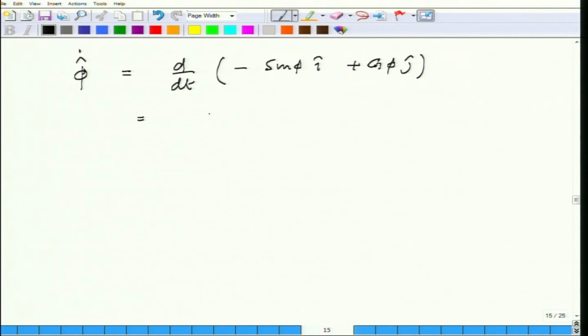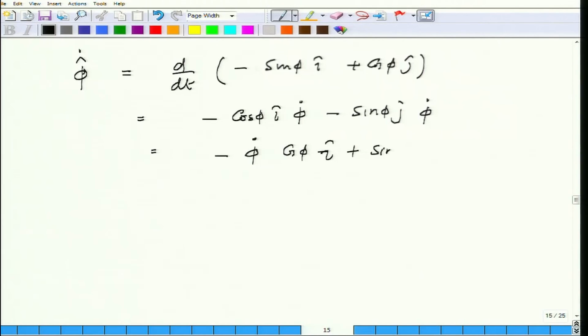So this is going to be minus cosine of phi i phi dot minus sine phi j of phi dot, which I can write as minus phi dot cosine of phi i plus sine of phi j.